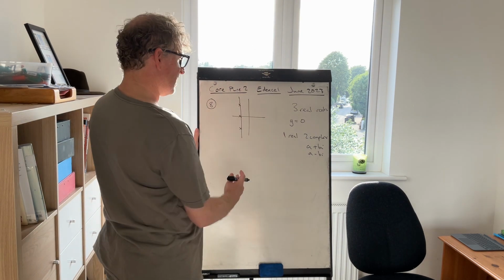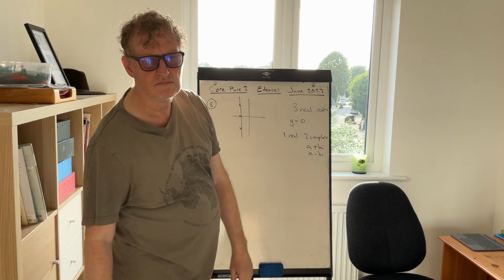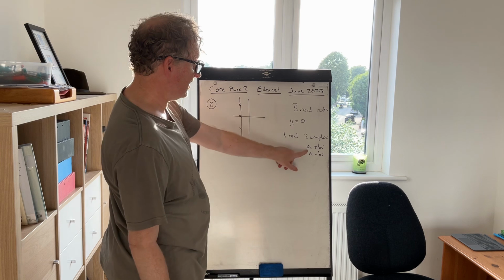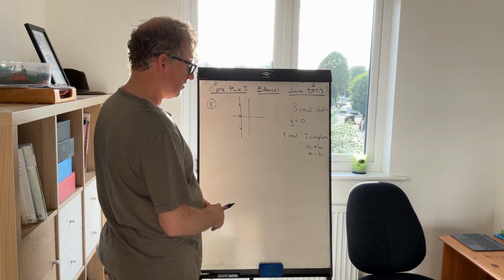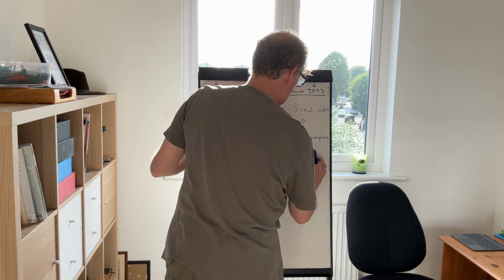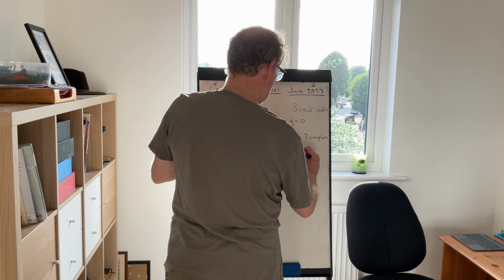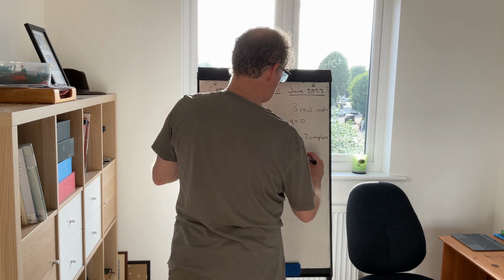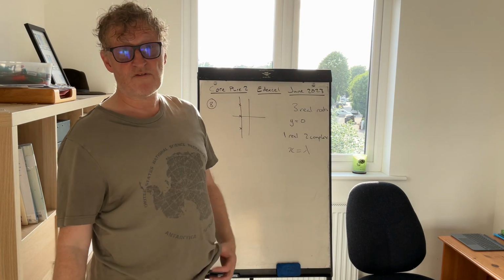Now, what's the equation of that line? Well, in this case it will be x equals a, if I'm calling it a plus bi. So you can just say the other will be if there's 1 real root and 2 complex roots, and that will have an equation of x equals lambda or x equals k or whatever, some value of x.